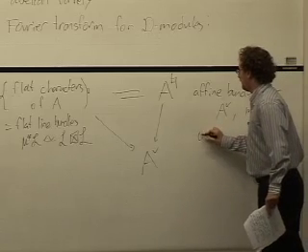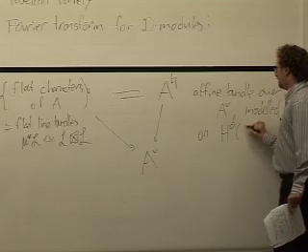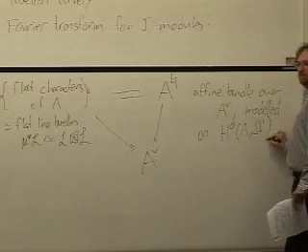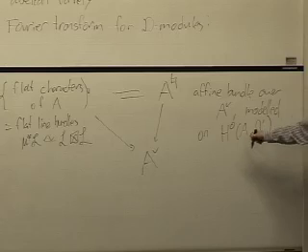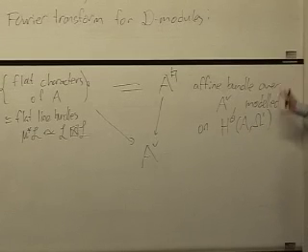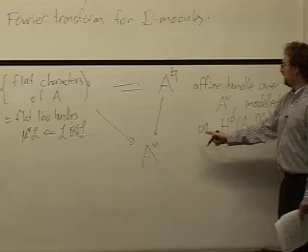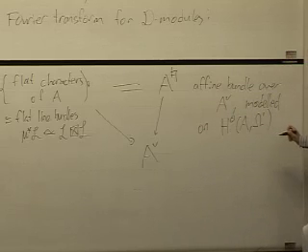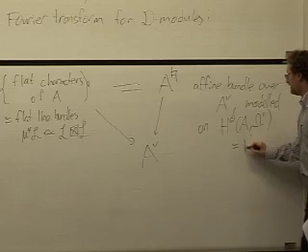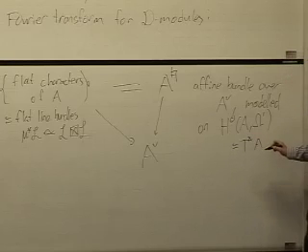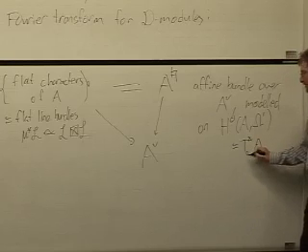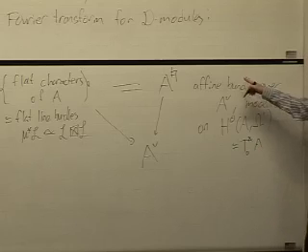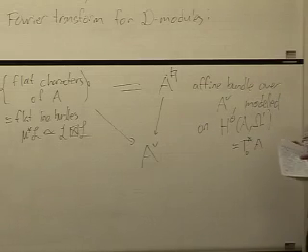But it's an affine bundle modeled on the vector space H naught of A one forms. The difference between two connections on A is going to be given by a one form. So this is the space A natural. So notice that this is also the cotangent space to A at any point. So we have an affine bundle modeled on this cotangent bundle.